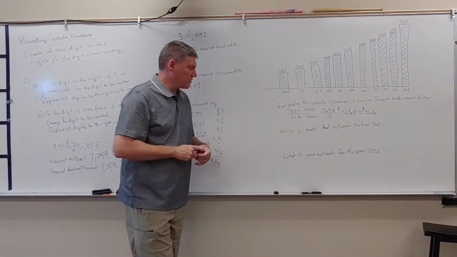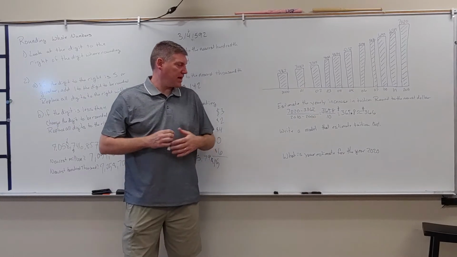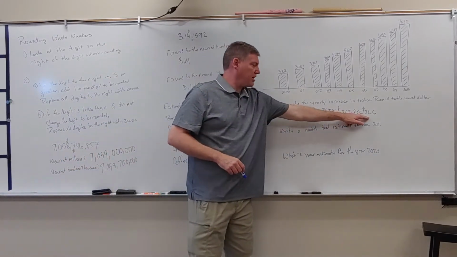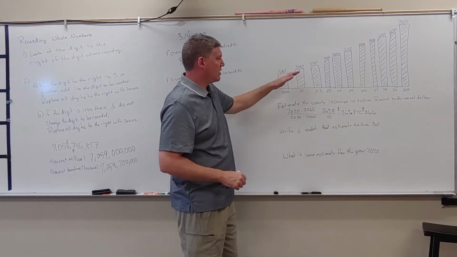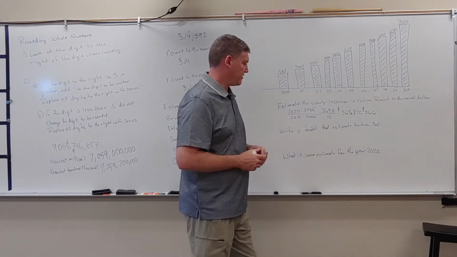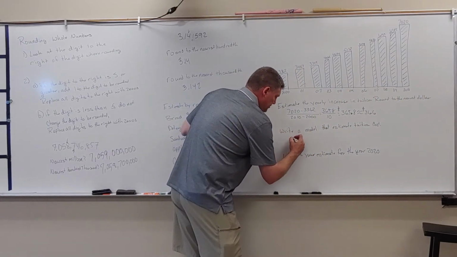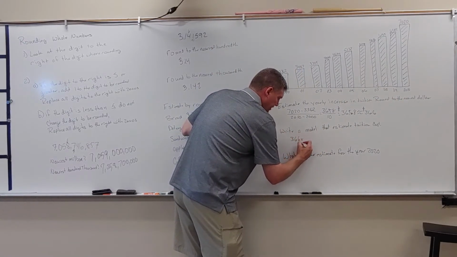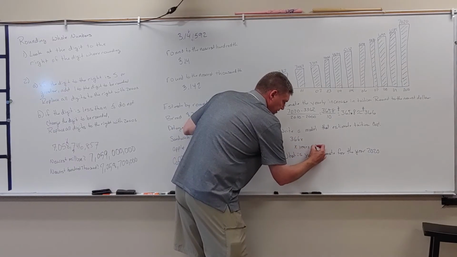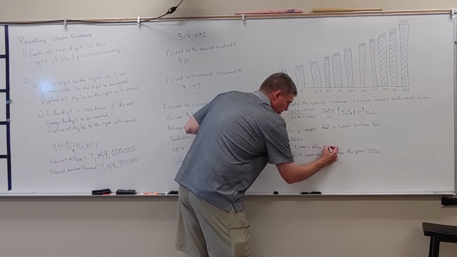Okay? So now it says write a model that estimates tuition cost. So each year after 2000, I'm going to add 366, and that would get me to the 2010 value. So this becomes 366x, where x is years after 2000, right?